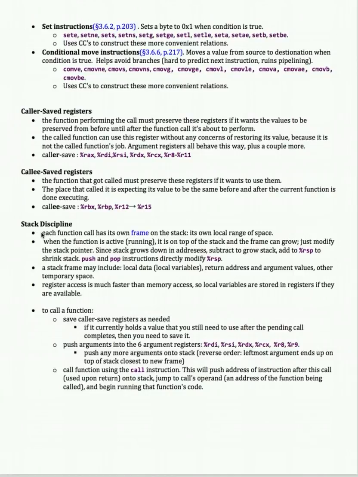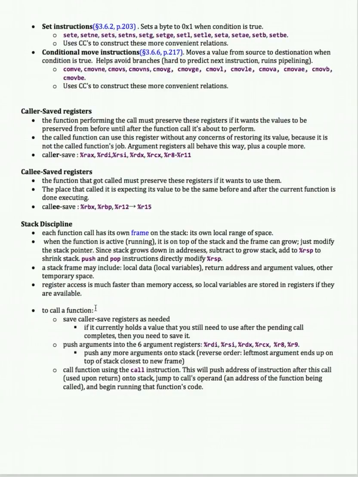Each function call in assembly has its own stack frame, which is its own local range of memory space, where a stack frame may include local data or local variables, return address, argument variables, and other temporary space. So let's look into how the function call or procedure call is actually done, including the caller-saved registers and callee-saved registers.